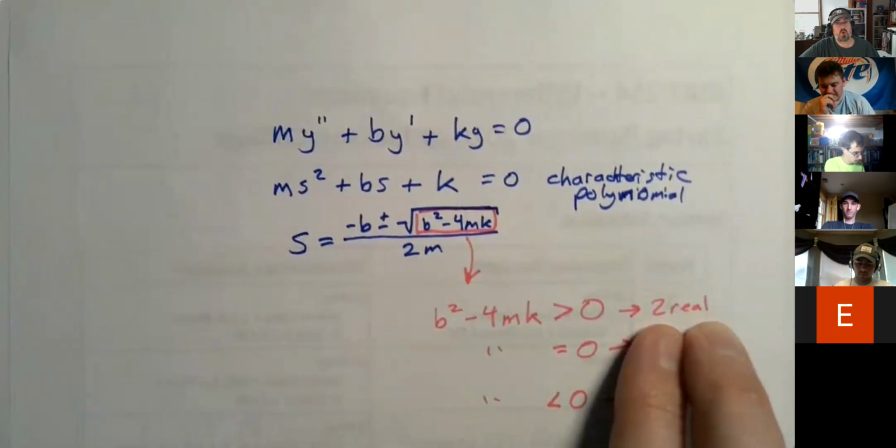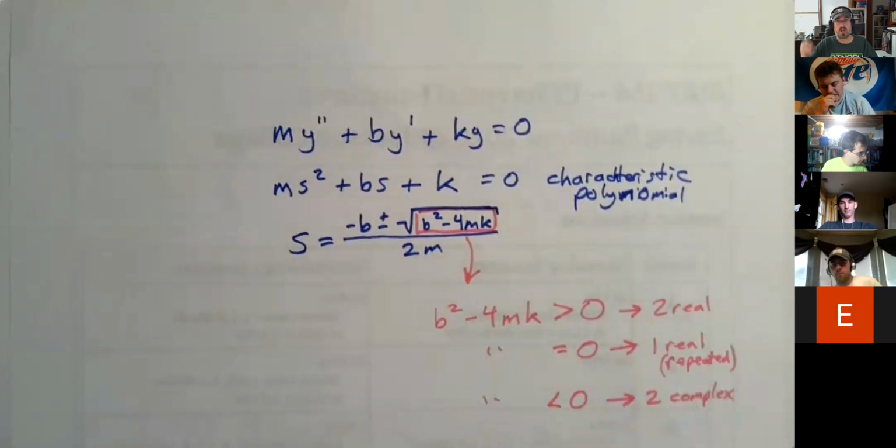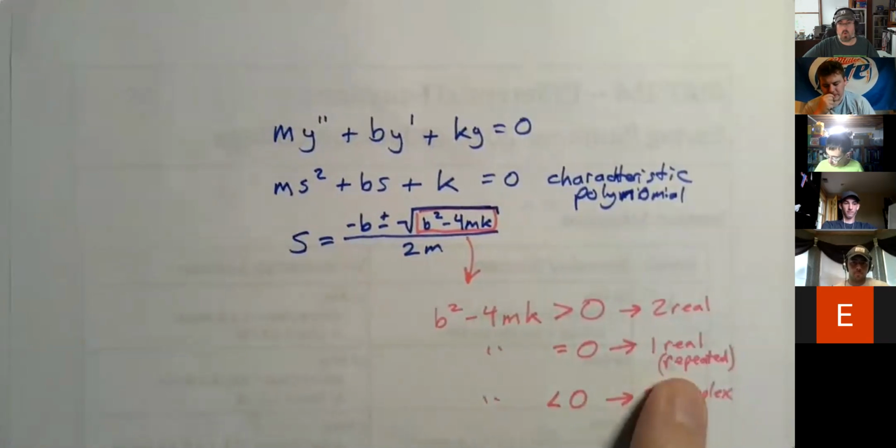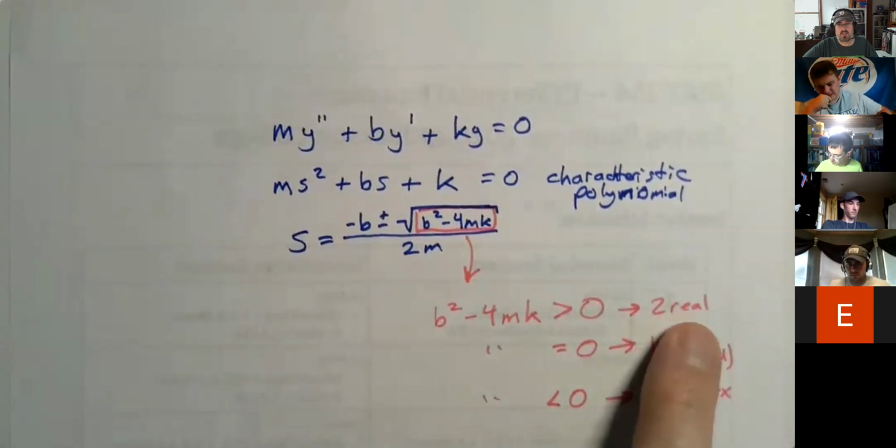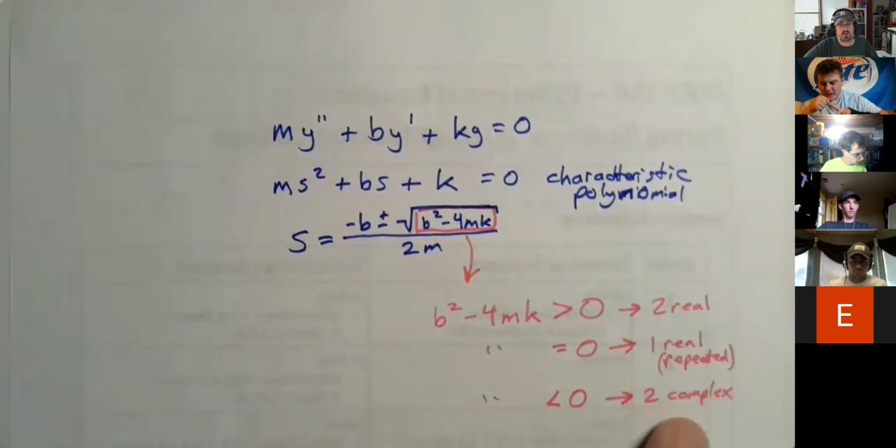Your harmonic oscillator just dies down, it just decays. If you have 1 real repeated eigenvalue, then it is perfectly tuned so that it heads towards 0.